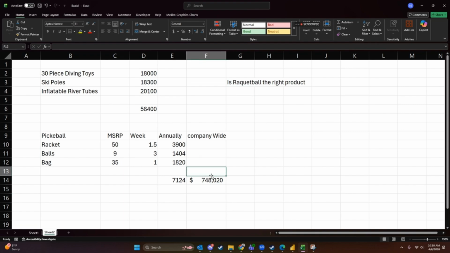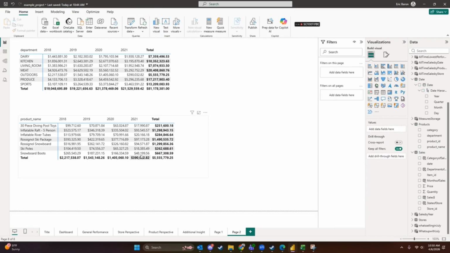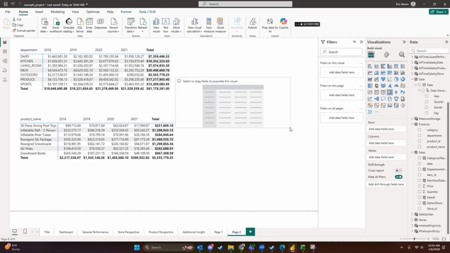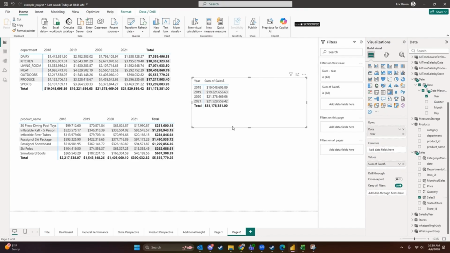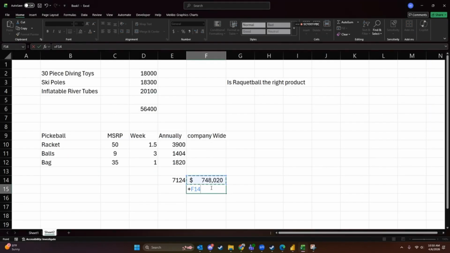Okay, so now is this material? Well, let's look at total revenue. Let's go back here. If I add another, I just want to see total revenue by year. So columns, we can do rows here. Sales, 21.5 million. Okay, this divided by 21.5 is 3.5%.